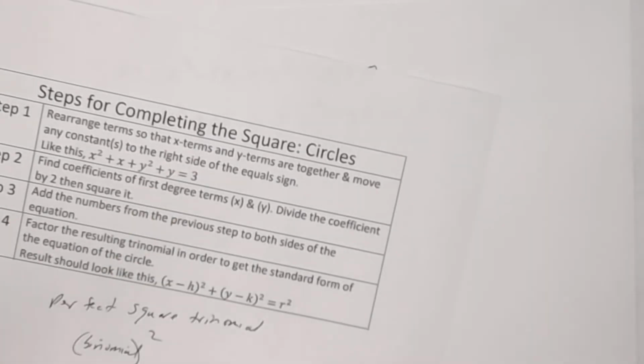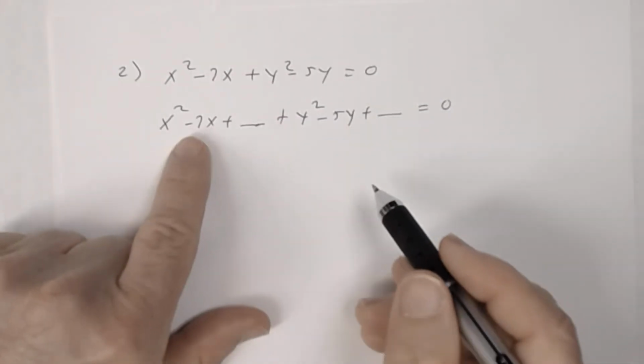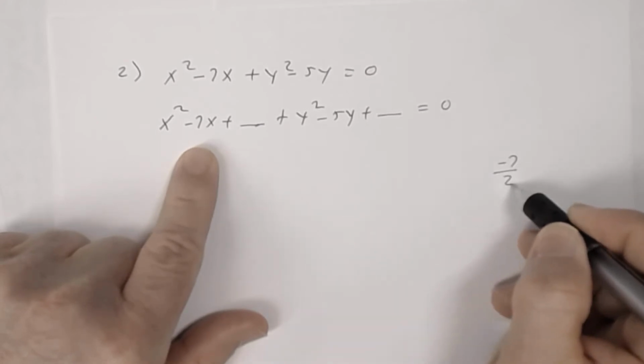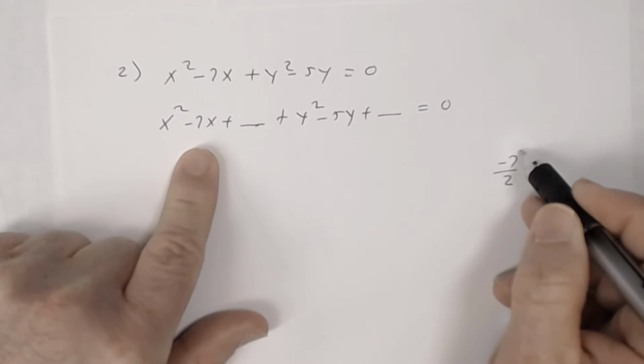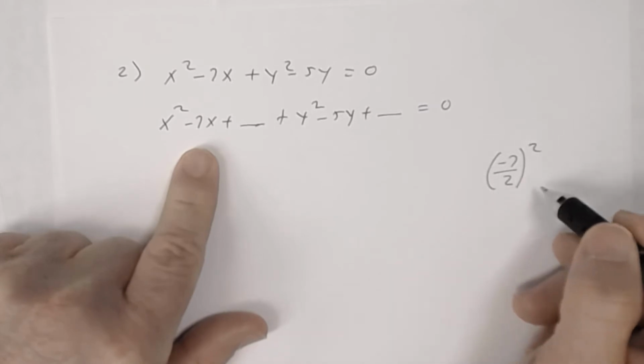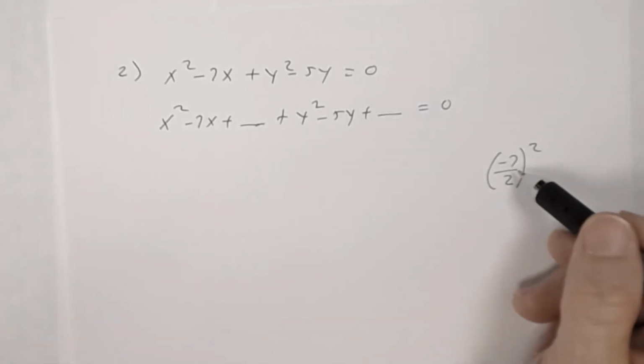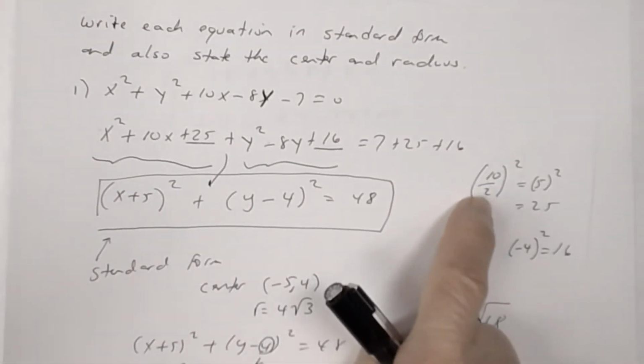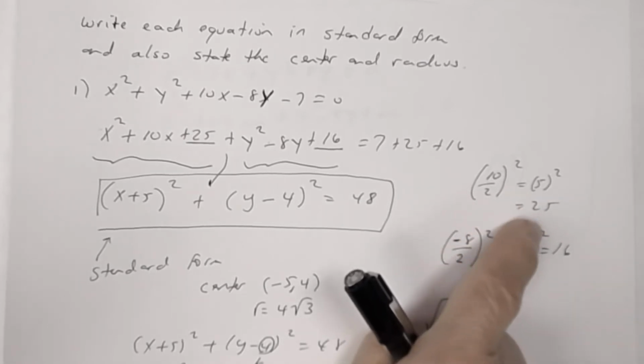So we already took care of step 1. Now let's do step 2. Step 2 says I take the coefficient of x, so negative 7, I divide it by 2, and then I square that. Now the difference between this one and the one we just did was that I simplified 10 halves and got 5, and that was easy to deal with.